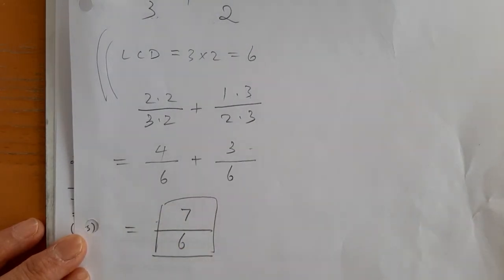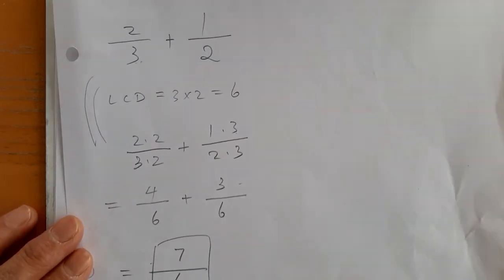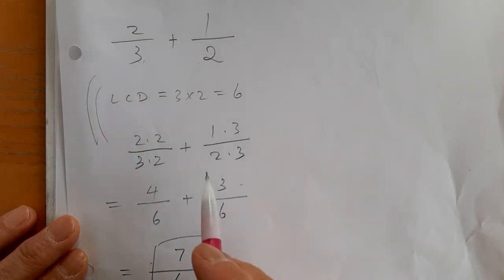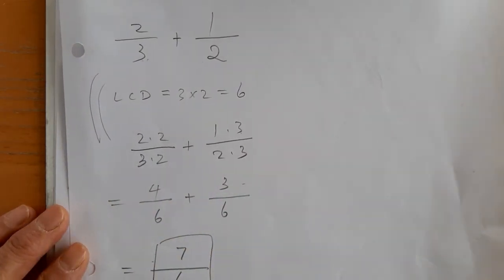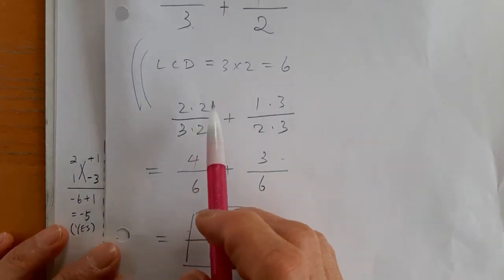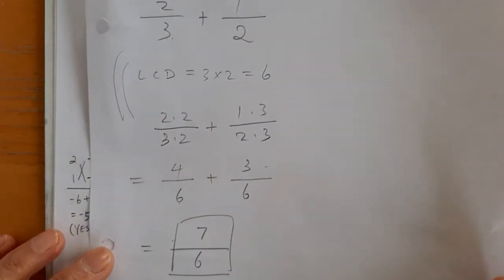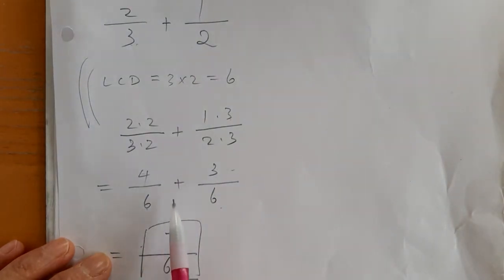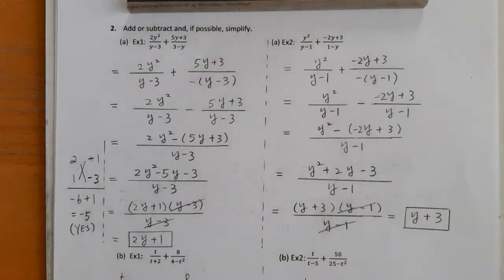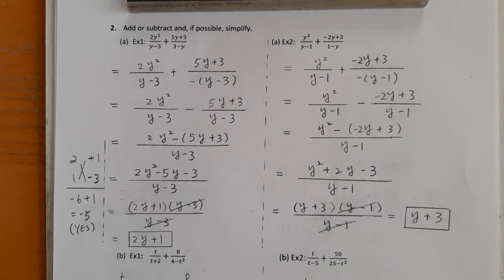For subtraction, it's the same. Find the LCD first and write the equivalent fractions. 2 over 3 is equivalent to 4 over 6, 1 over 2 is equivalent to 3 over 6. With the same denominator, you can add or subtract the numerators. And that is for rational numbers, also called fractions.